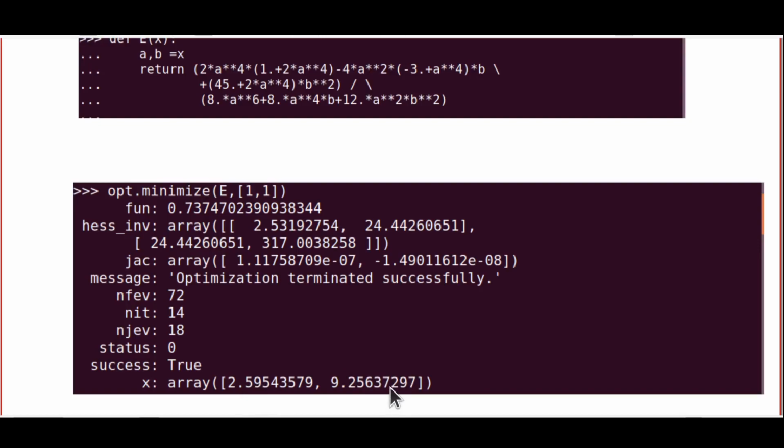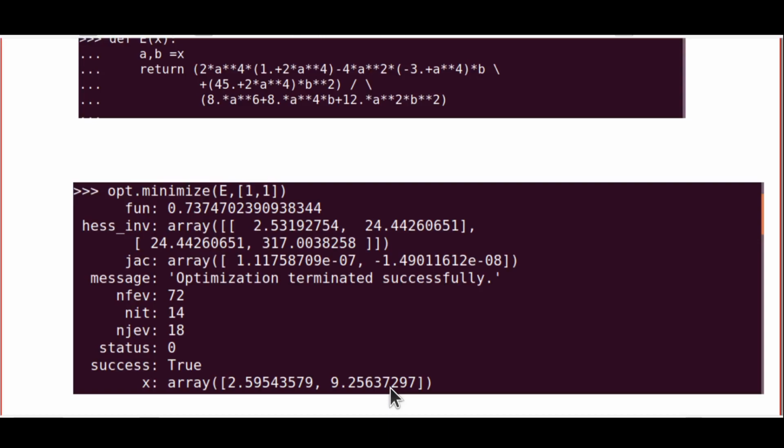Now this should be very, very disappointing. Note that without the beta at all, we had already done the calculation and found that the minimum energy that we arrive at is around 0.7, 1 by root 2.